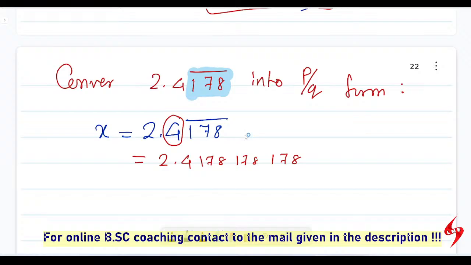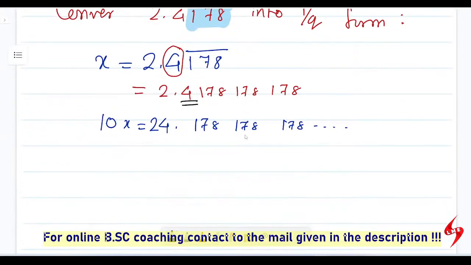So at first I am multiplying 10 with x, then that will be 24.178, 178, 178 and so on, because you cannot have the non-repeating portion on the right side of the decimal. Otherwise you cannot calculate it. Now the length of the period is what? 3.